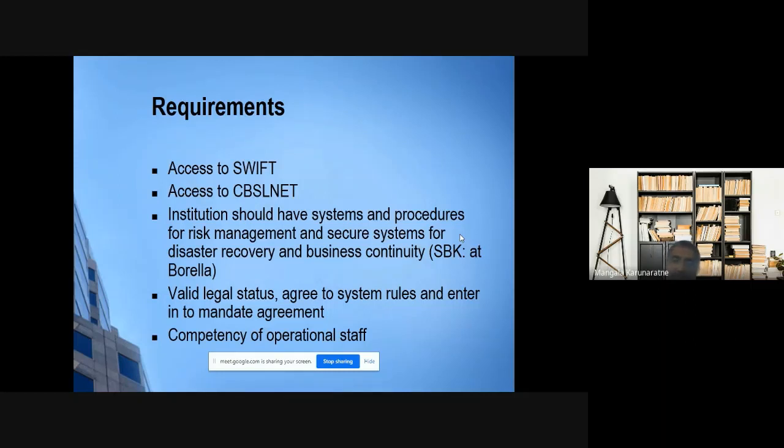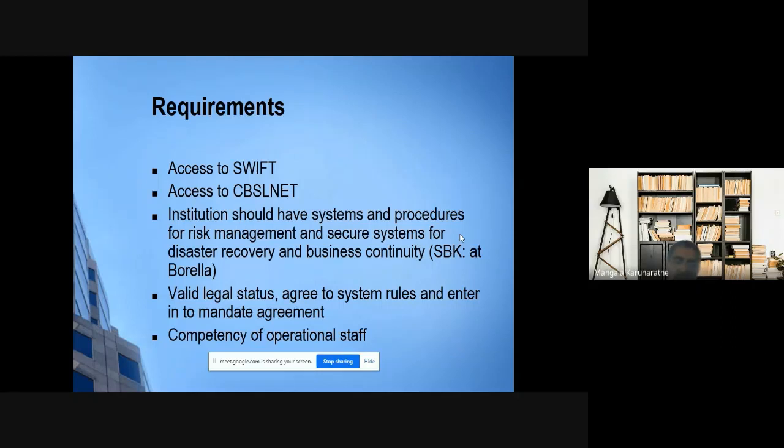Now the trend is to have a disaster recovery center a bit away from Colombo, because if you don't have access to Colombo, then you can go to that location and start doing your business. And the institution should have valid legal status and agree to the system rules.